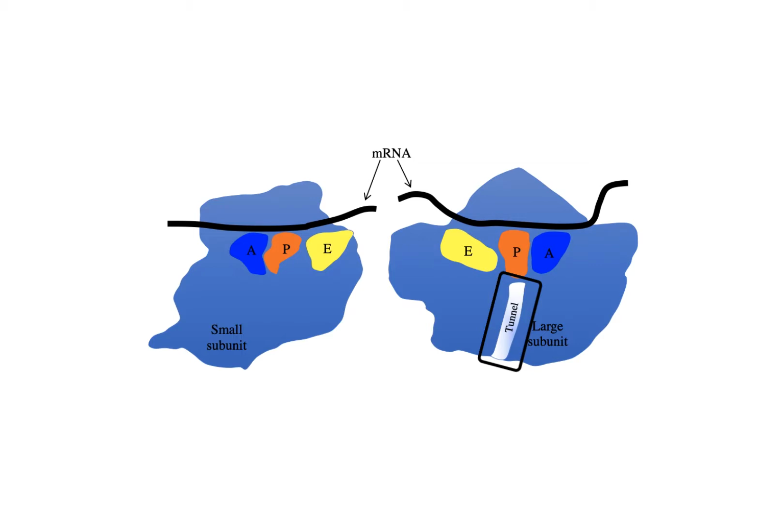That tunnel actually was there very early in evolution, and it acted to hold the growing polypeptide onto the large subunit. So it had a function even from the beginning. As the ribosome has gotten larger, the sequences around that had to continue to fold in a way that retained that tunnel.